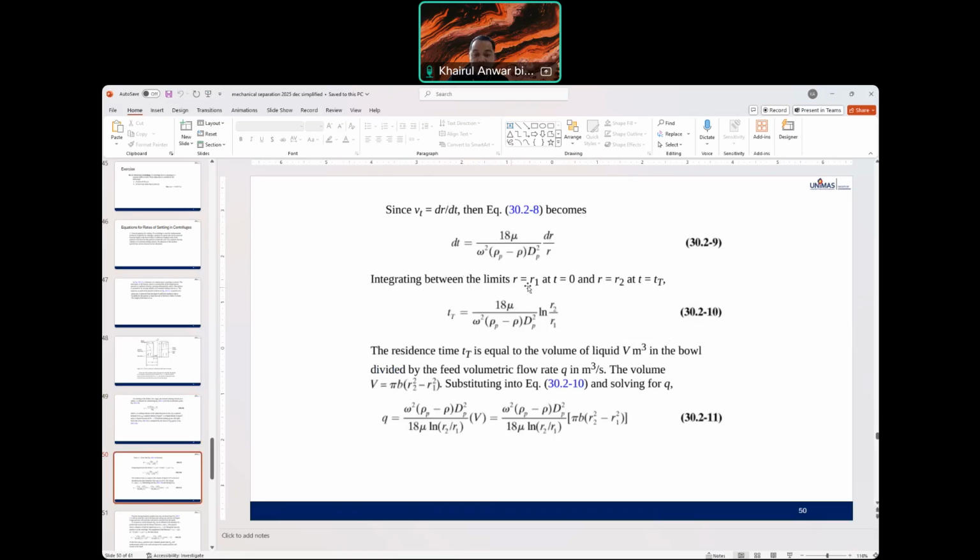Integrating between the limits r equal to r1 at t equal to 0 and r equal to r2 at t equal to Tt, so Tt equals 18 mu over omega squared times (rho p minus rho) dp squared, ln r2 over r1.